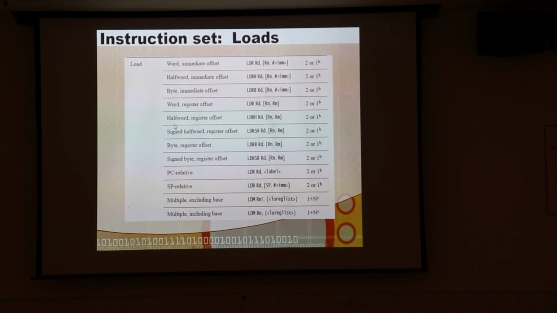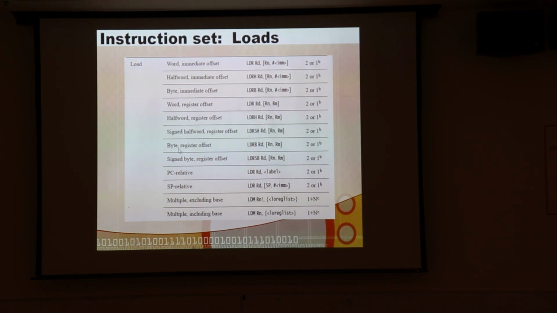And so word, half word, and then whenever you move less than 32 bits into a register, we also have to worry about whether it's signed or unsigned. And so that's why we have a half-word register offset and a signed half-word register offset.